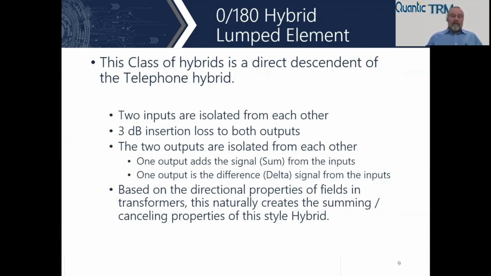In the nature of this hybrid, if you use it as a divider, the sum input has the 2 outputs in phase with each other, and the delta input has the 2 outputs out of phase with each other. The 90-degree hybrid has a 90-degree phase relationship, as opposed to being in phase or directly out of phase.